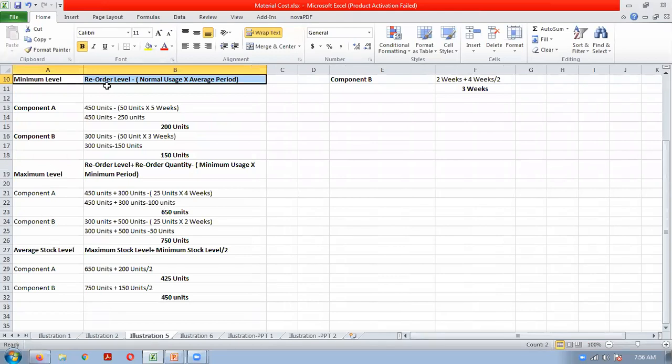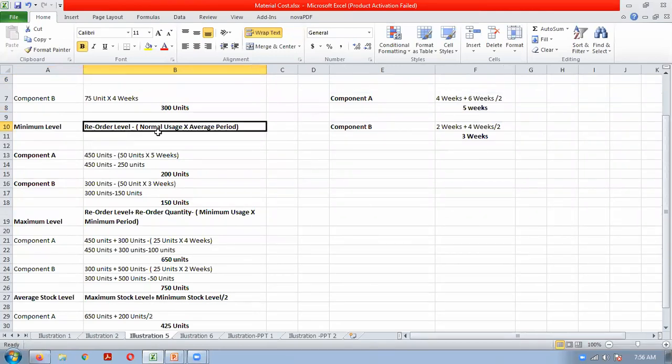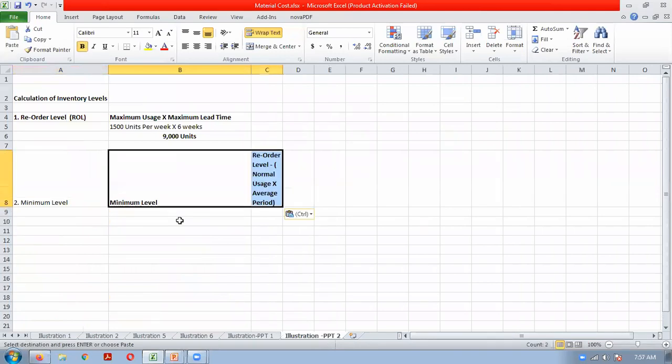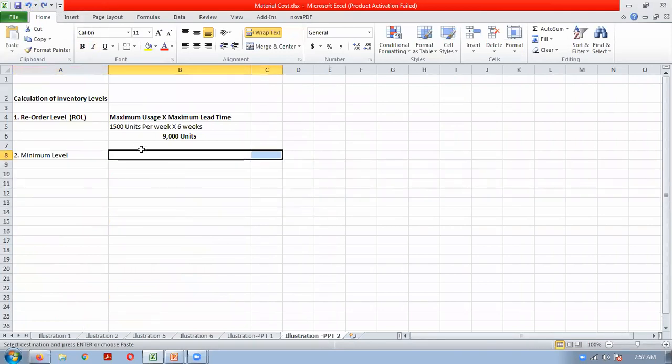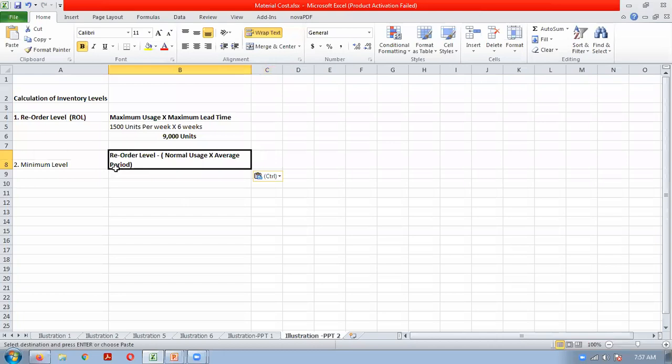Minimum level formula is reorder level minus normal usage into average lead time.